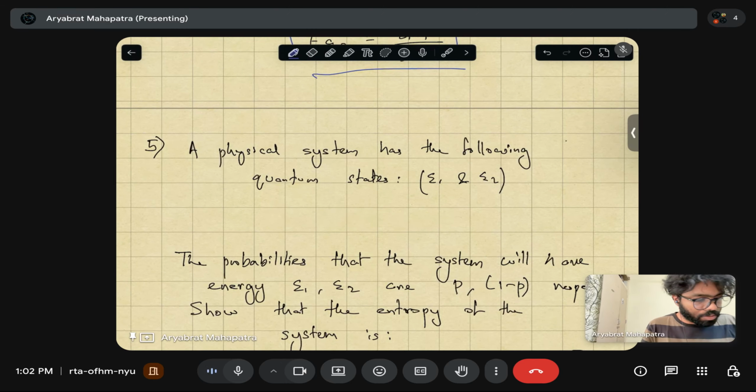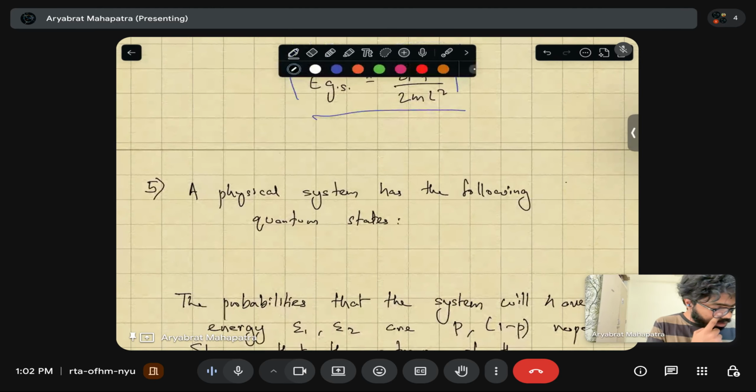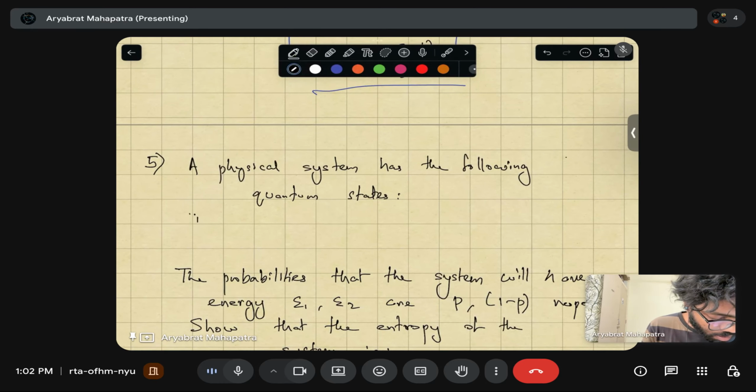So my mistake. I thought of this as a two level energy system, but no. In that case, that would have been much easier.